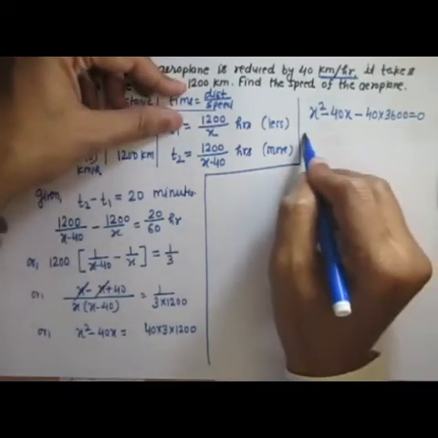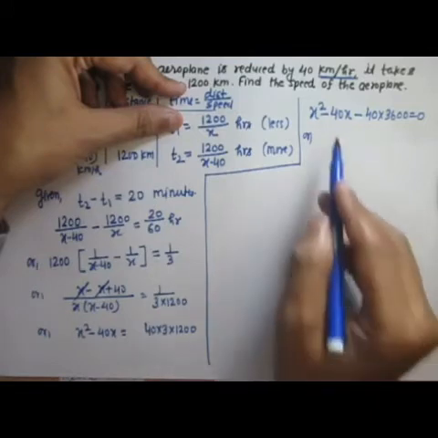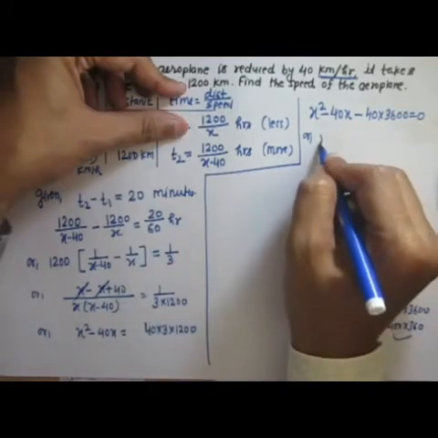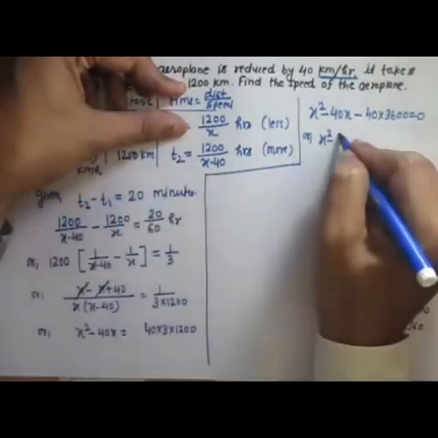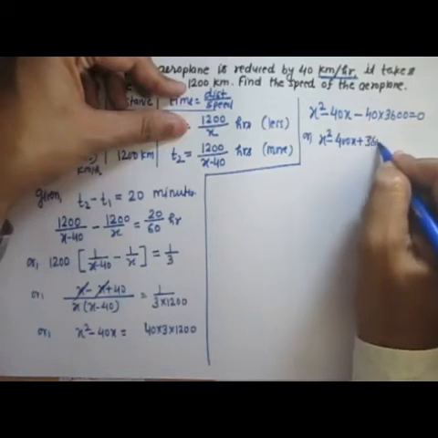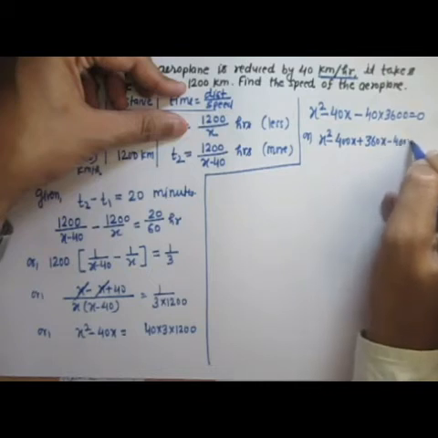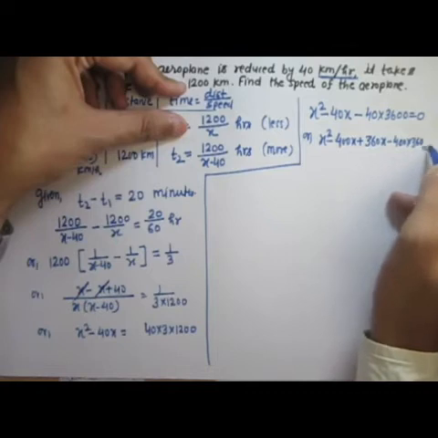Now we can split this 40 into 3600 as 400 into 360, and the difference is 40. So it is x square minus 400x plus 360x minus 400 into 360 equal to 0.